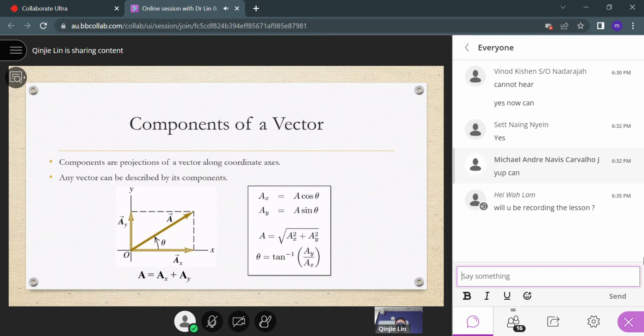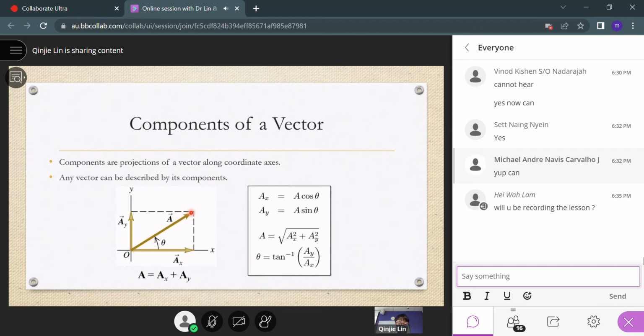Now we come to components of a vector. This one is very important. We will keep using it over and over again throughout the course. Components are projections of a vector along the coordinate axes. Any vector can be described by its components. What do I mean by that? If you have a vector A that is pointing in this direction, you can resolve it into its components.